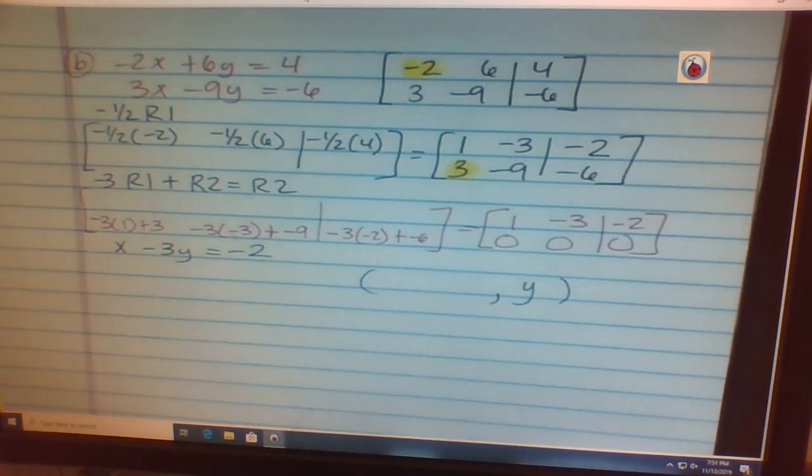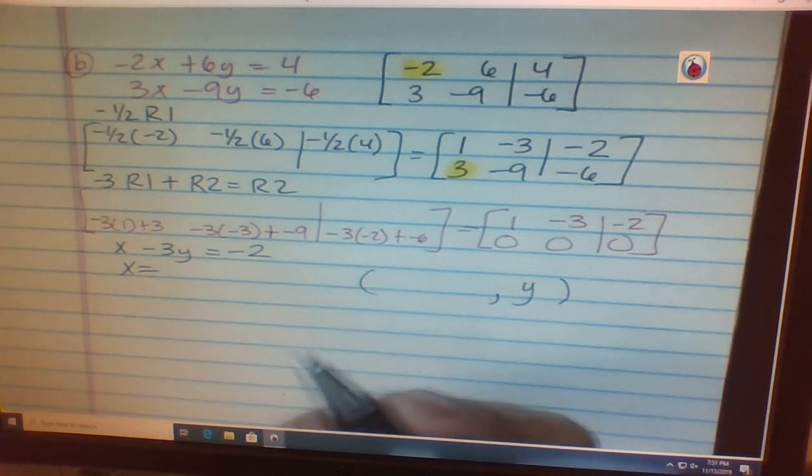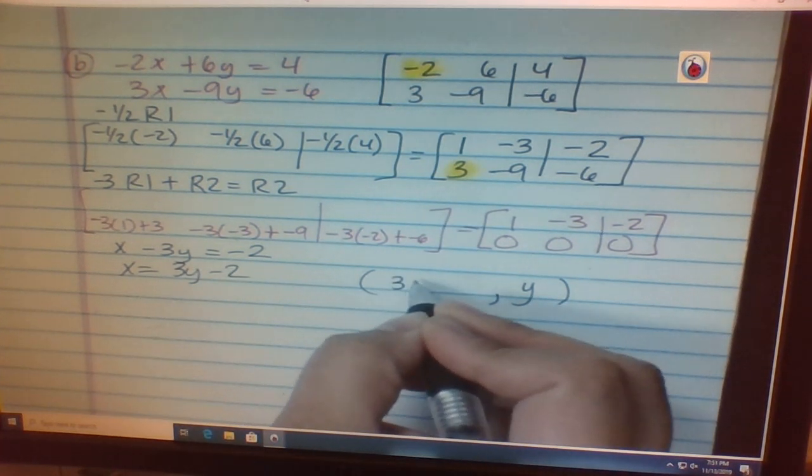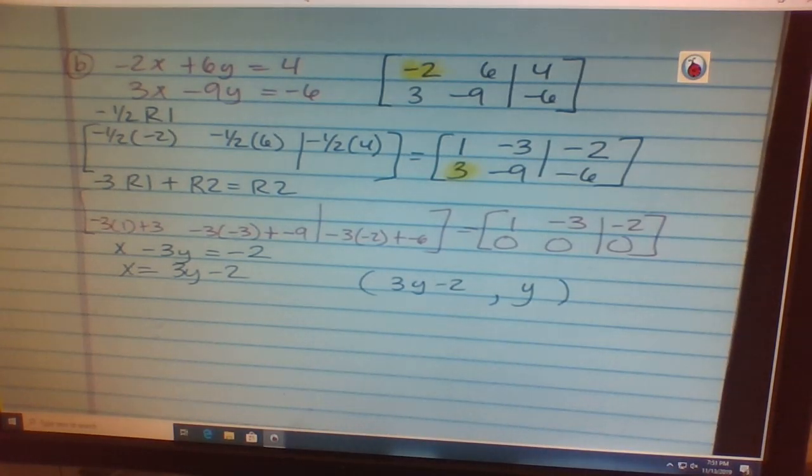I need to solve this for x. So x equals 3y minus 2, and that's it. That's your answer. Oh, wait a minute, you solve for x.